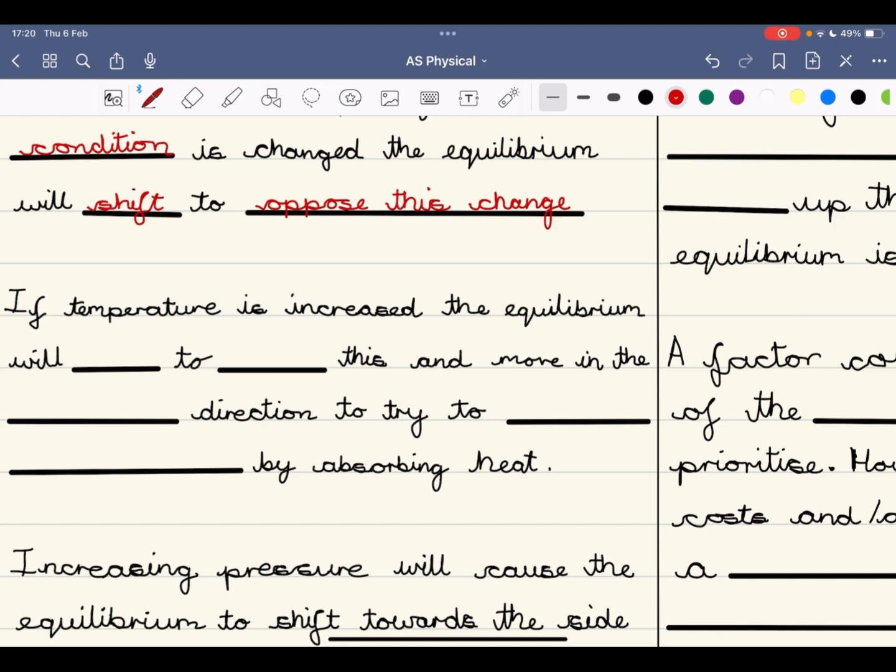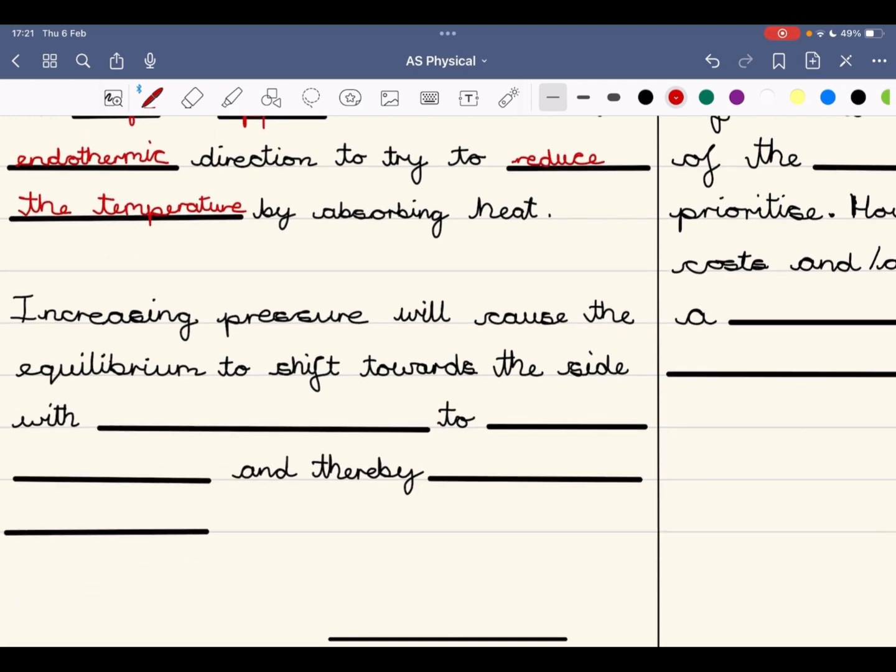If temperature is increased, the equilibrium will shift to oppose this and move in the endothermic direction, to try to reduce the temperature by absorbing heat.